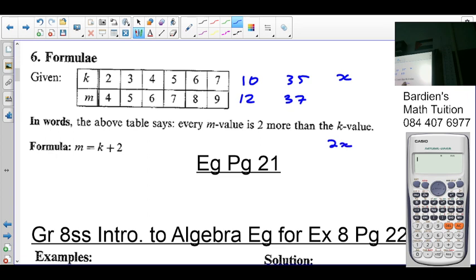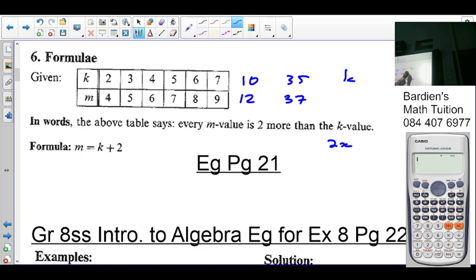Now if you're saying 2X, what is between 2 and X? Times. Are we multiplying here? No. What are we doing? We're adding. So in other words, this would have been X plus, if I had to extend it to that. You guys understand?